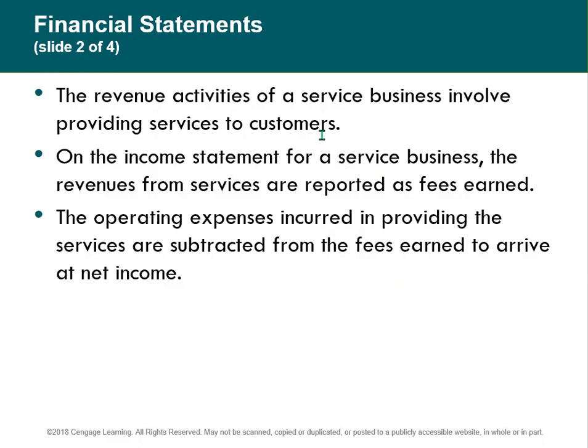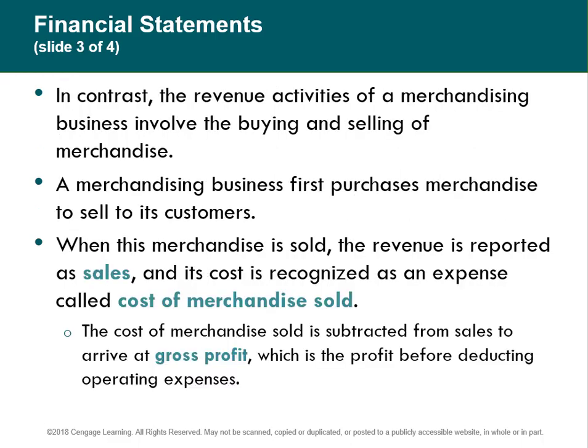So the revenue activities of a service business: they provide services. And on the income statement, revenue from services is called fees earned. And operating expenses are subtracted from it, right? Whereas the revenue activities of a merchandising business is buying and selling merchandise. So think Walmart or Target.